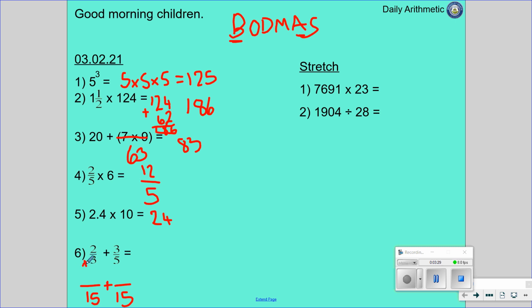I'm timesing by 5. Whatever I've done on the bottom, I'm going to do on the top. So I'm going to times by 5. 2 times 5 gives me 10 on the top. Okay, same with this fraction. What do I times 5 by to get 15? I'm timesing by 3. Whatever I've done on the bottom, I've got to do on the top, so I times it by 3. 3 times 3 gives me 9. So I end up with 19/15.